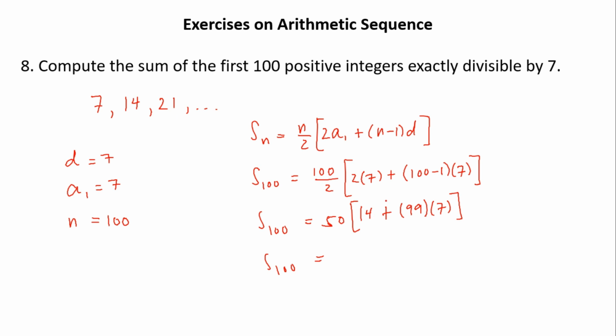So we have 50 times 14 plus 693. This is equal to 50 times 707. Multiplying, we should get 35,350. So this is the sum of the first 100 positive integers exactly divisible by 7.